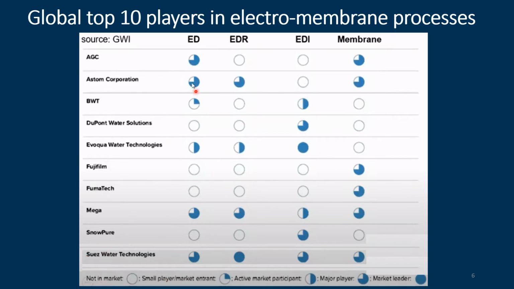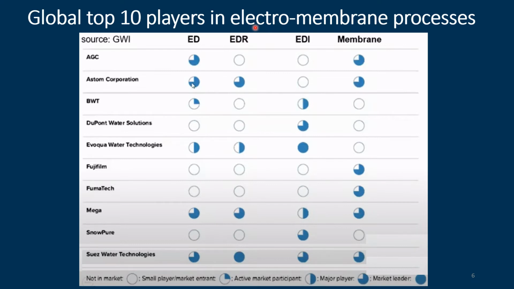The empty circle represents the small players, and then this is the active market and major market players. So BWRO Water Solution very much focuses on the EDI technology, and Seawater Technology very much focuses on EDR.